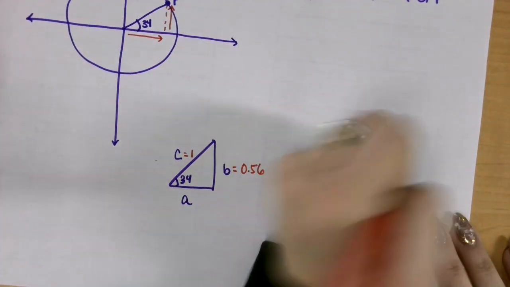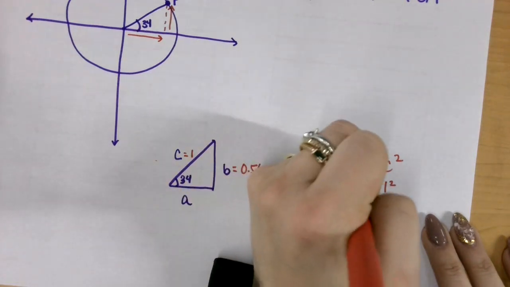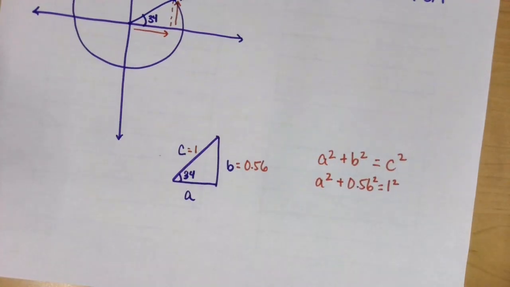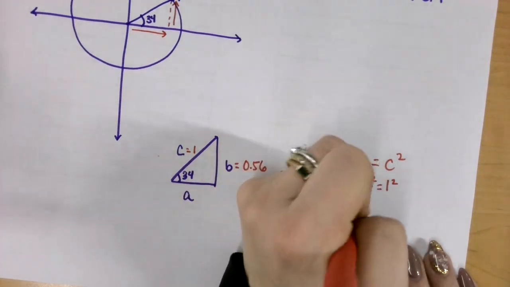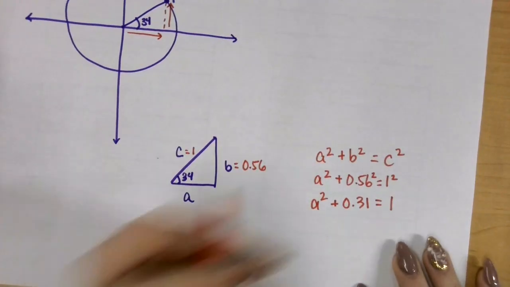C squared would be 1. We don't know A squared. Plus 0.56 squared here. So 0.56 squared is 0.31. 1 squared is 1.